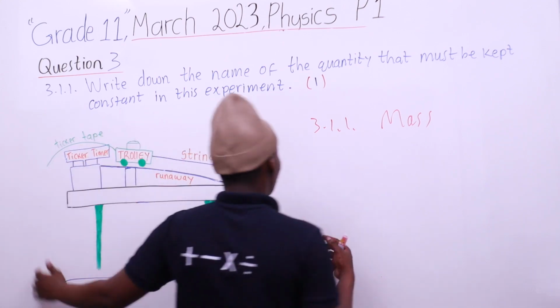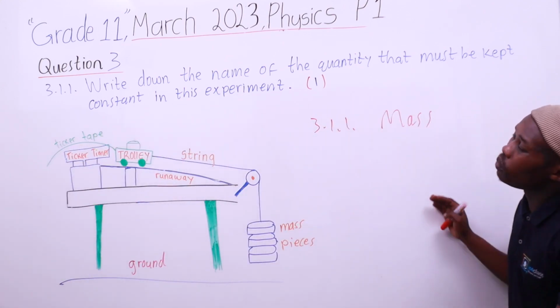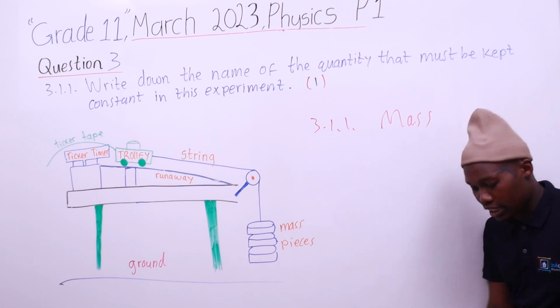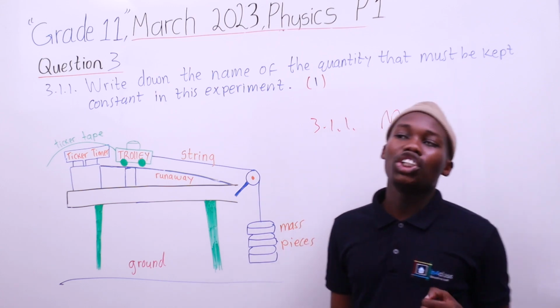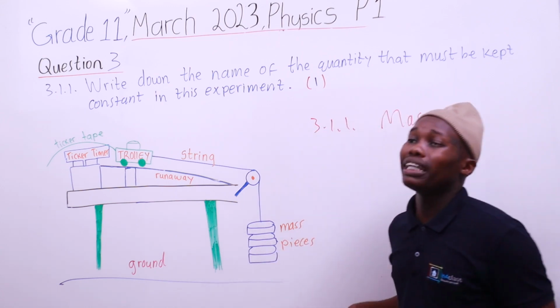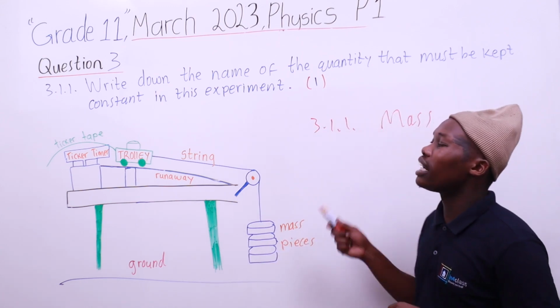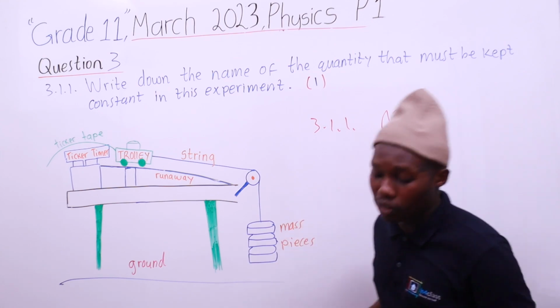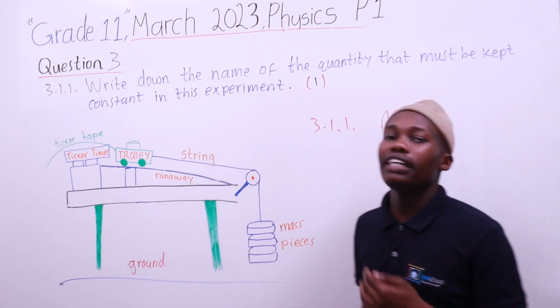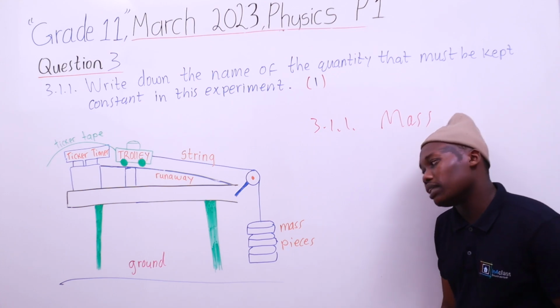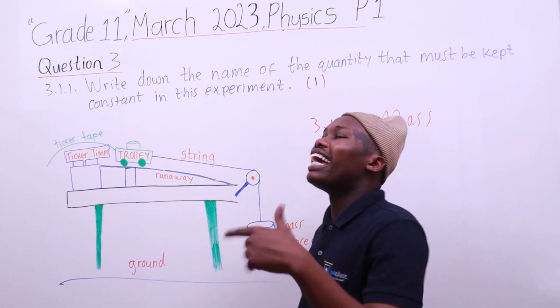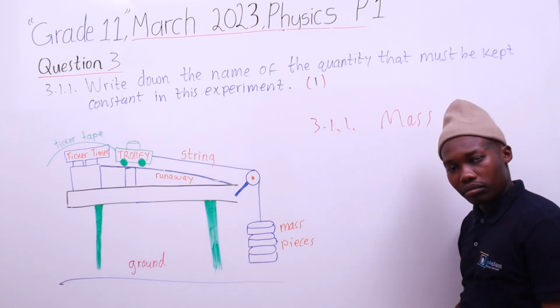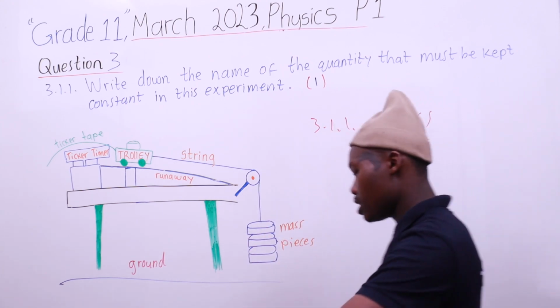So to understand why it must be constant: when they say constant, they mean it won't change, but everything else will be affected by other things. Therefore mass does not affect the experiment because it is kept constant. So if the experiment fails, perhaps it did not come out well, they cannot say it is because of mass, because the mass was kept constant.